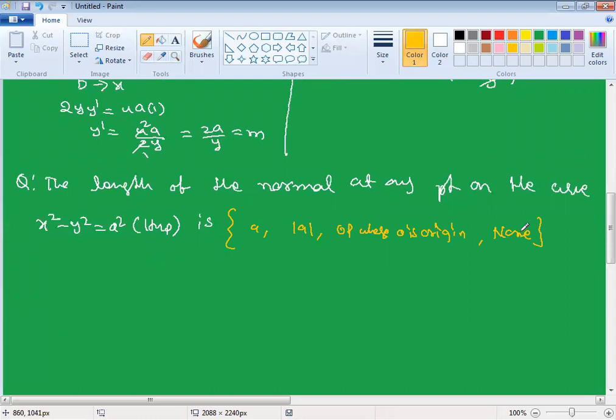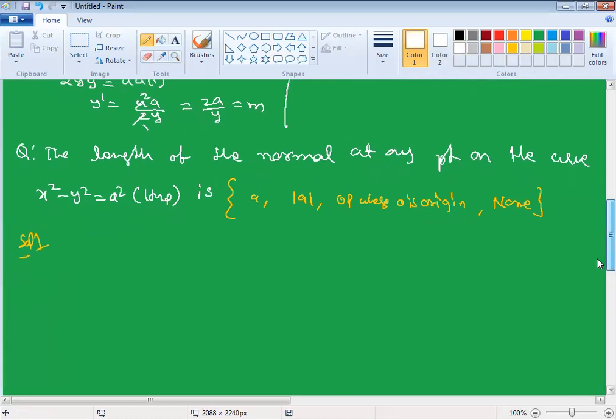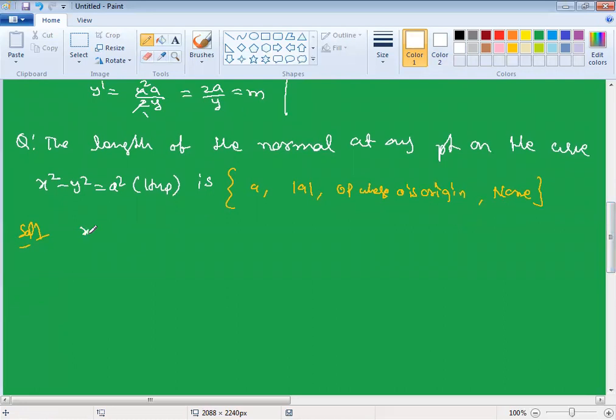It is asking the length of normal. How can we find the lengths? For all lengths we have formulas. Solution: given curve x square minus y square equal to a square.